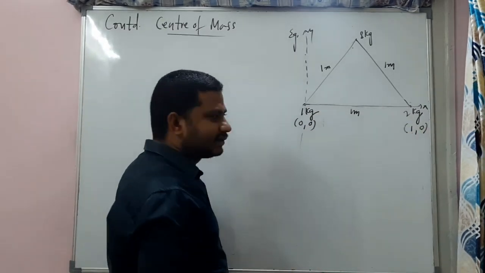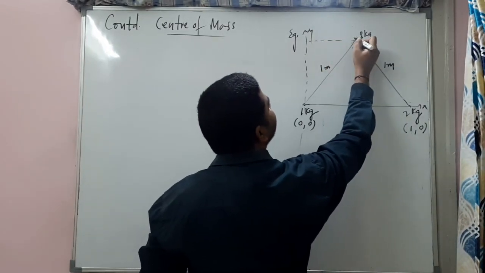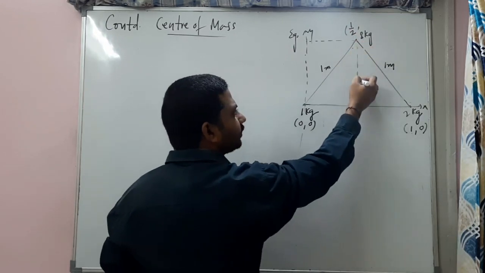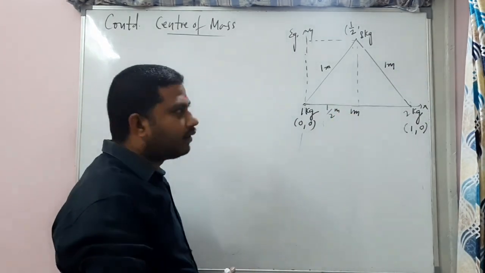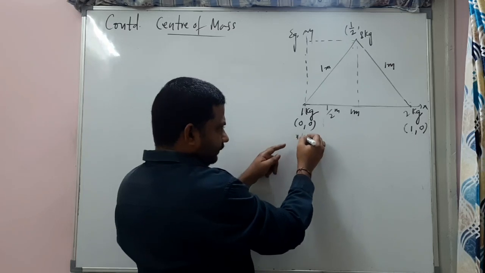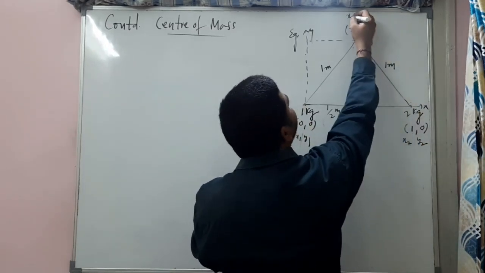Simple. Now this one along the x-axis is at 1 by 2 meters. See here, it's half, right? So this is x1 y1, x2 y2 and x3 y3.